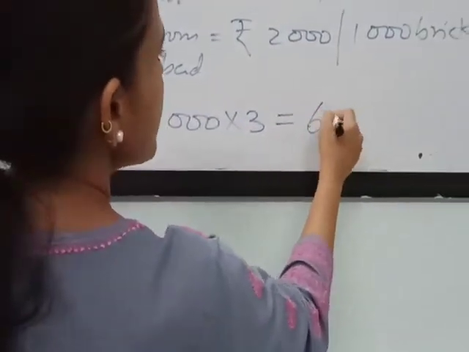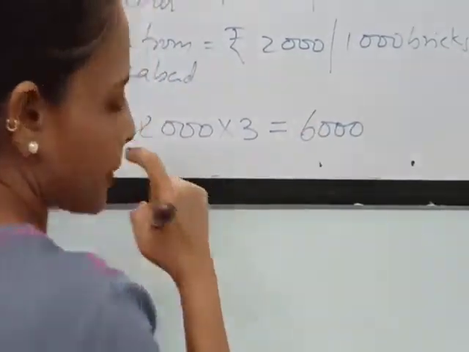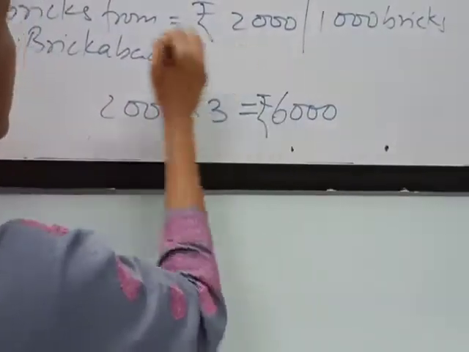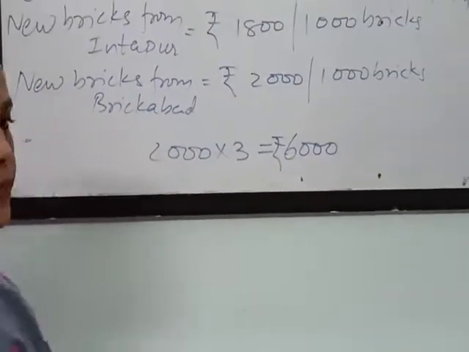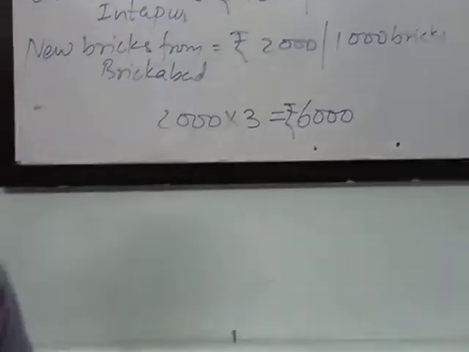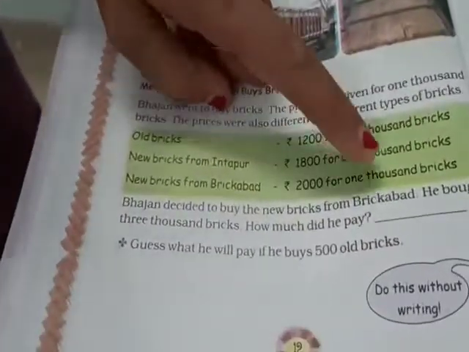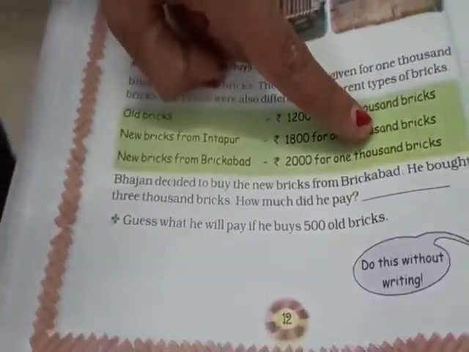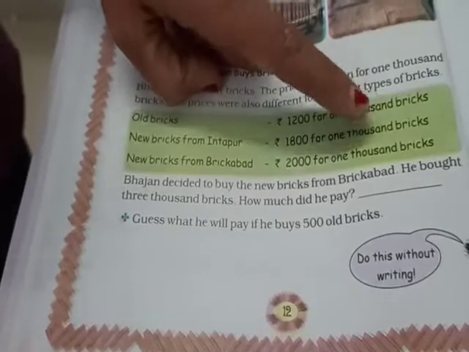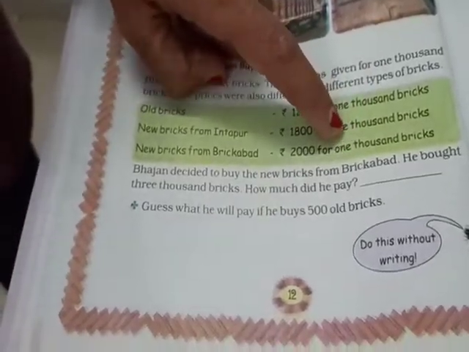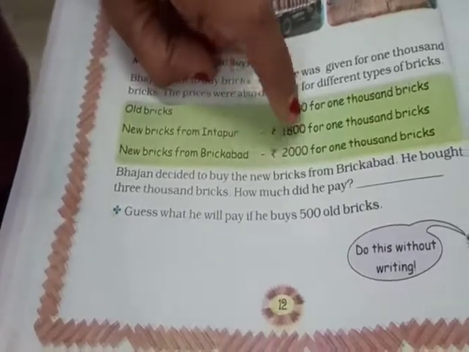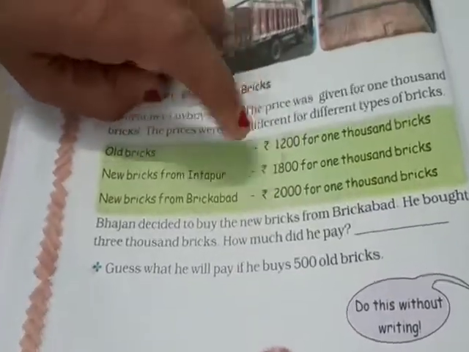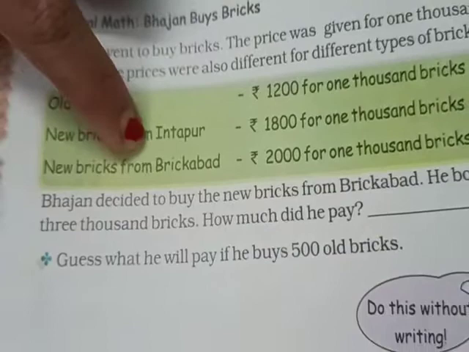So how much will it be? 6,000. For 1,000, 2,000 rupees. For 2,000 bricks, double, 2 plus 2, 4,000. And for 3,000, 2 plus 2, 4 plus 2, 6. So he paid a total of 6,000 rupees for bricks from New Brickabad.